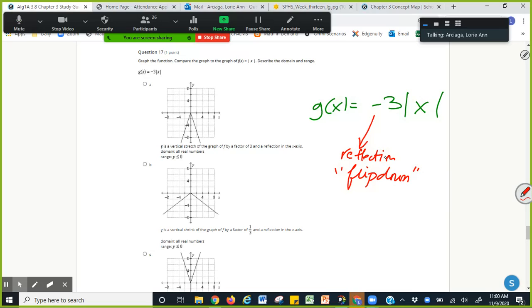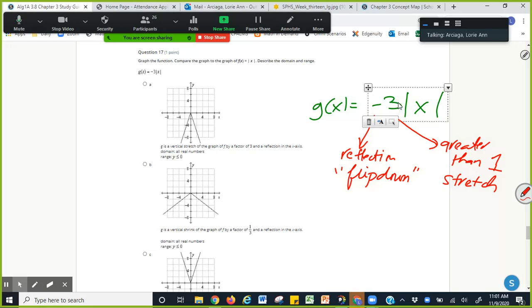And the 3 is greater than 1, not a fraction, so we're not going to choose shrink. We're going to pick vertical stretch. So find that: flipped down, and it says vertical stretch because it's times 3.